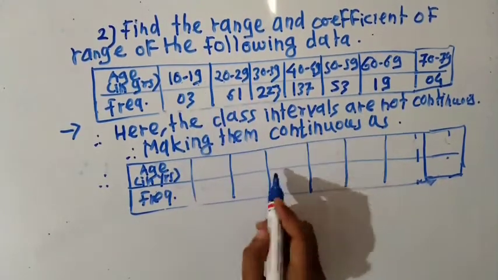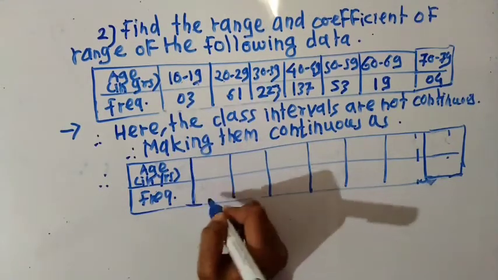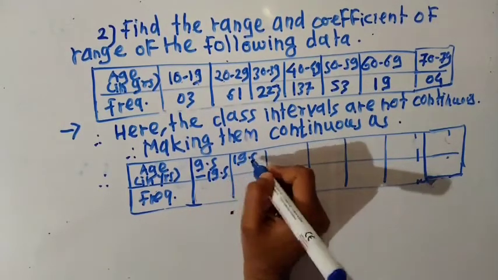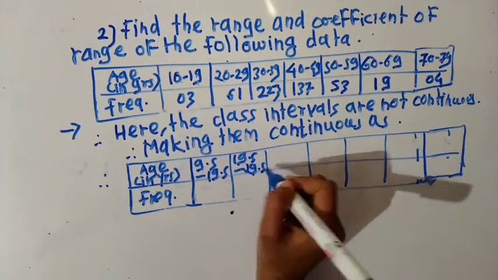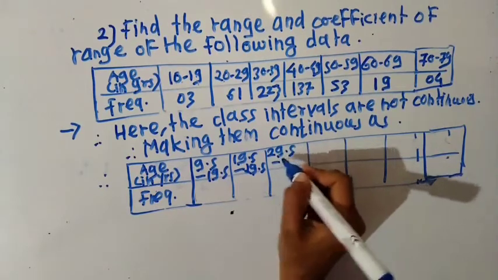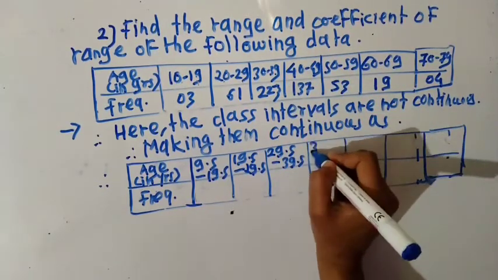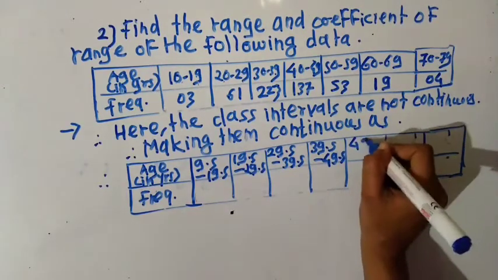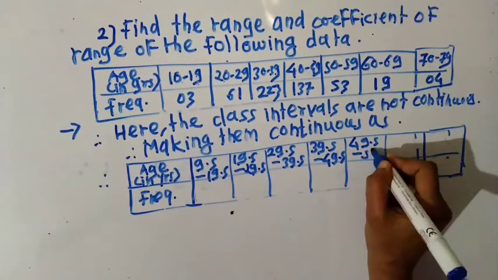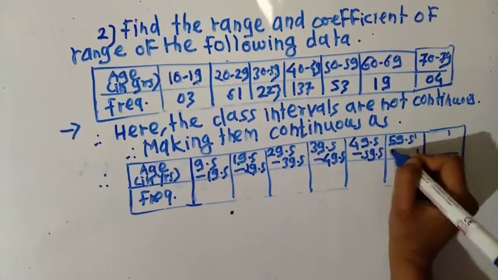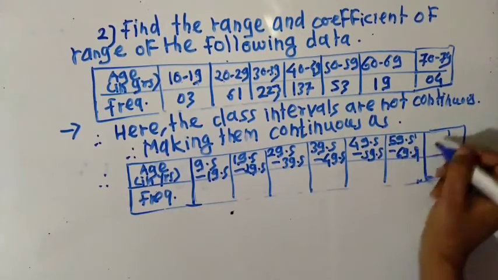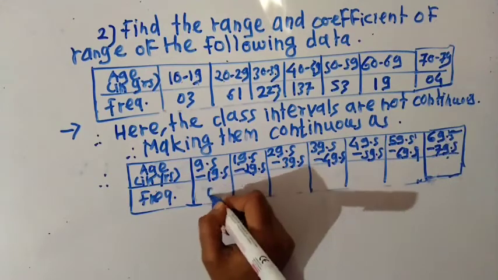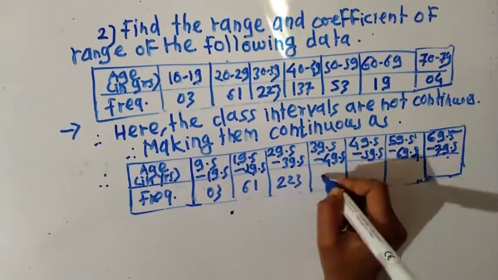So how to continuous this data? 10च्या आधीचा अंक 9.5 to 19.5, 19.5 to 29.5, then 29.5 to 39.5, then 39.5 to 49.5, then 49.5 to 59.5, then 59.5 to 69.5, then 69.5 to 79.5. So 0, 3, 61, this remains same.